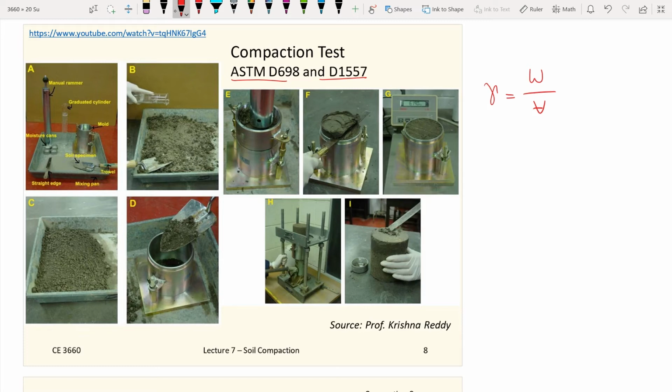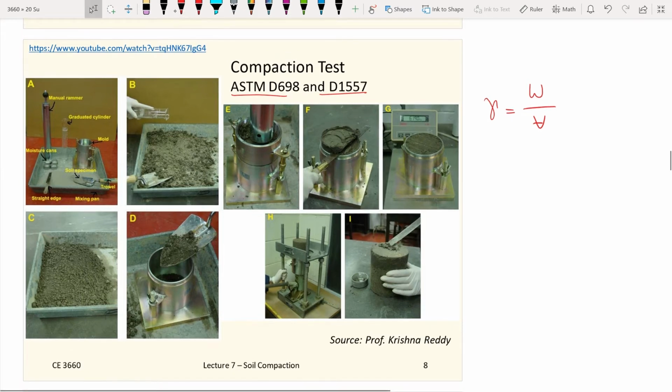Those ASTM standards are available on Canvas. So if you want to read in better detail, please go to Canvas. And I also highly recommend this YouTube clip. It's just 15 minutes. Go ahead and watch it on YouTube, and there will be some students from University of Missouri. They walk you through how those tests are performed.